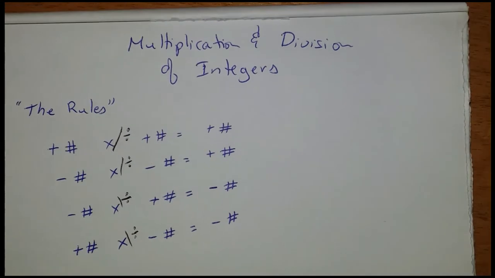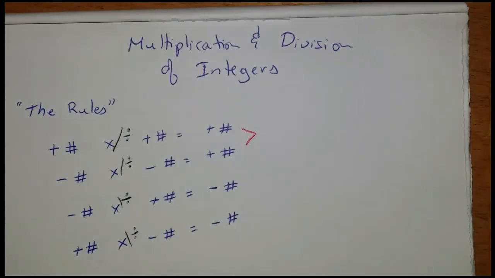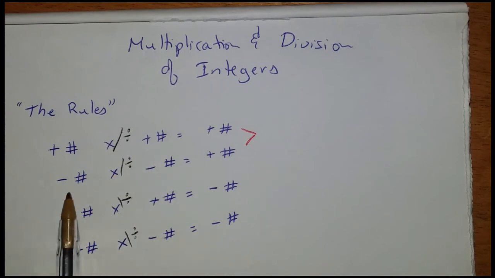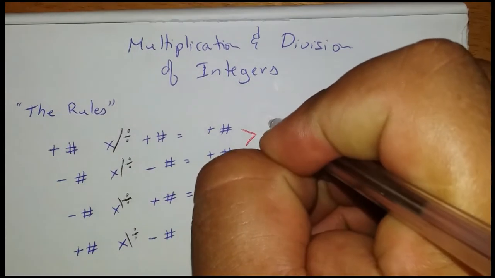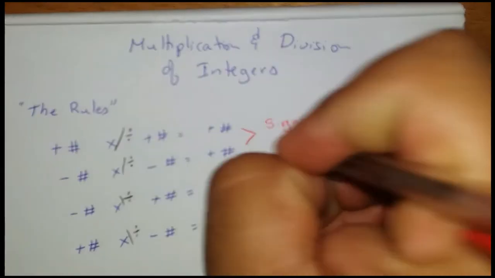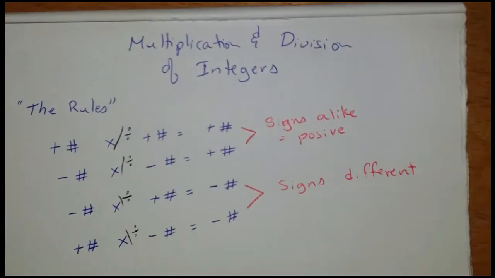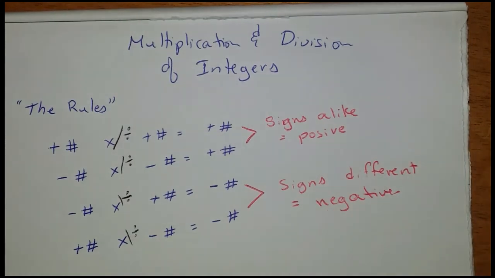Now, if you take a look at what we have, this is how we come up with a little jingle, if you want to call it. If signs are alike, because it's positive and a positive, negative and a negative, so we say signs alike, my solution is positive. And if signs are different, my solution is negative.